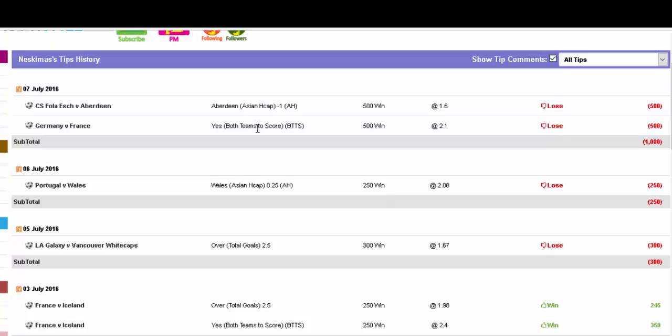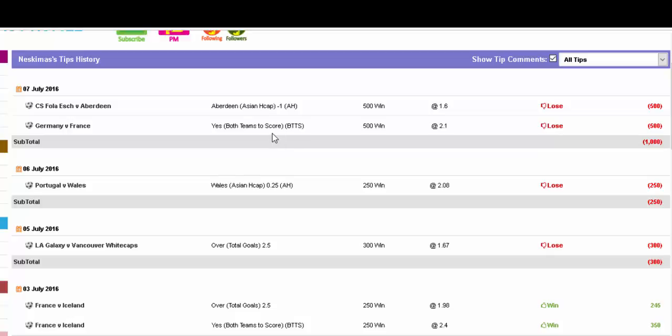These two, the final two, were disappointing. They were bigger losses, both 500. In a way, the danger is that when you go on a run of wins, you kind of forget that you can lose, and you can relax your standards and just go make bigger bets than you should.